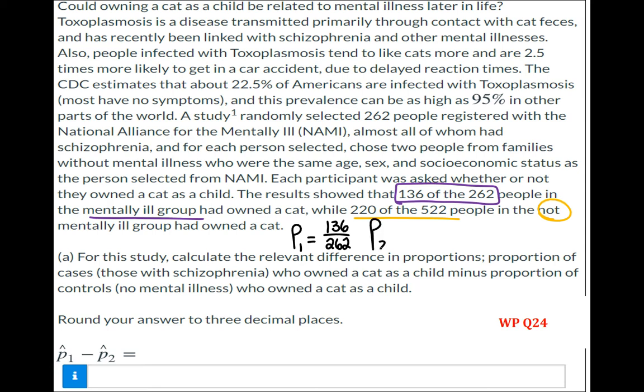So P2 is equal to 220 out of 522. Our statistic down here wants us to take 136 out of 262 and subtract, in that order, 220 out of 522. Jump to your calculator, put those fractions in, and it should deliver to you a 0.098. Make sure you're using your fraction key, getting to that value right there. Let me jump to the next slide.